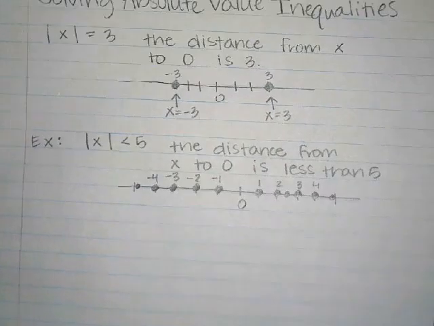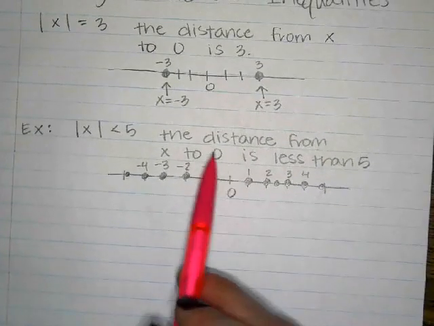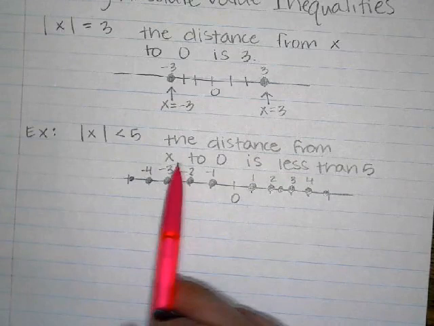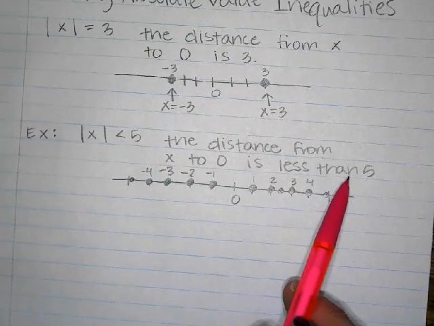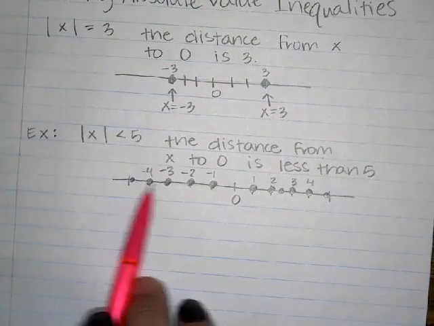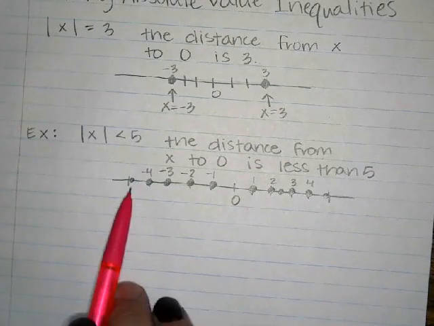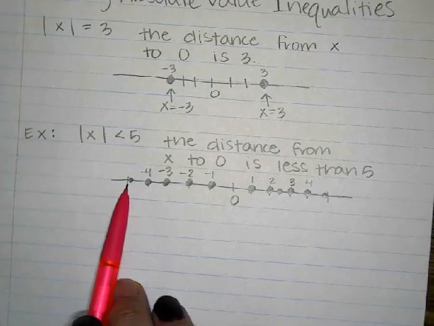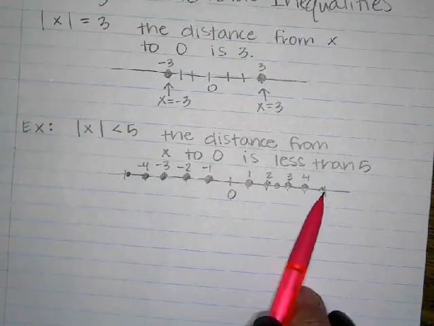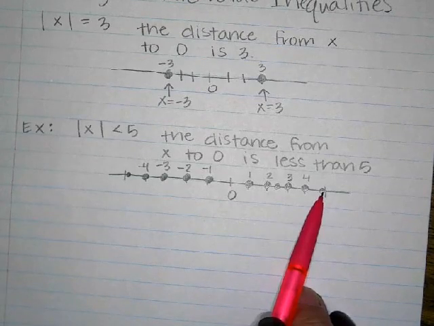Okay. So if they say the distance from x to 0 is less than 5, then you can use all of the numbers in between here. Everything right up to -5, you just can't have -5 exactly. And everything right up to +5, you just can't have +5 exactly.